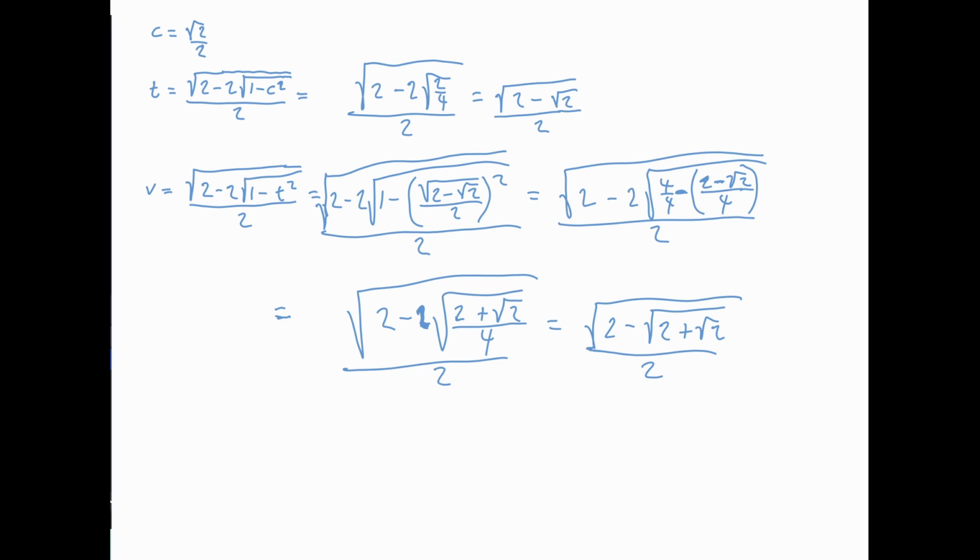It's the value for v. So the perimeter for that would be 16 times v. So it would be 8 times the square root of 2 minus square root of 2 plus the square root of 2.